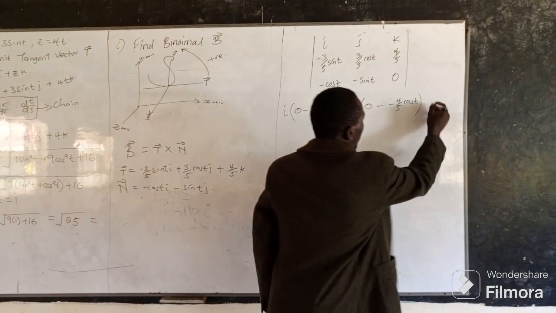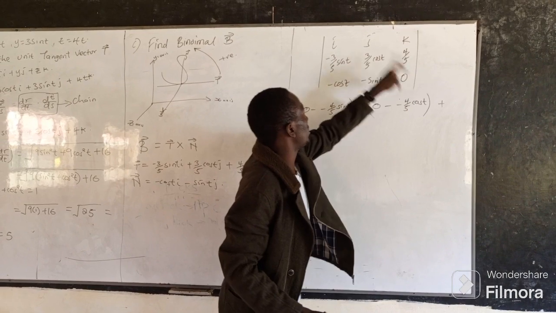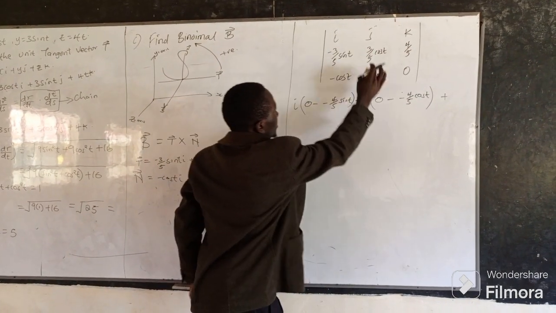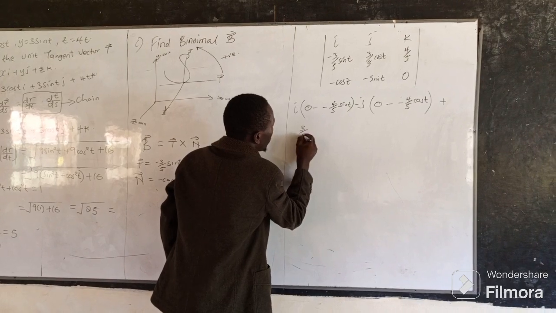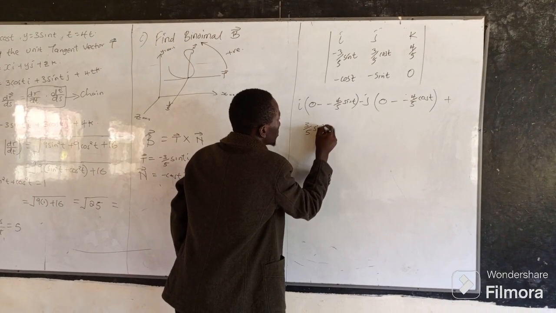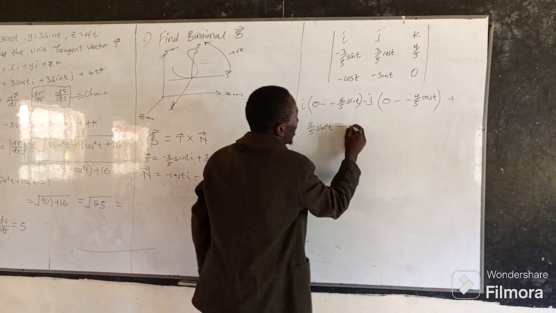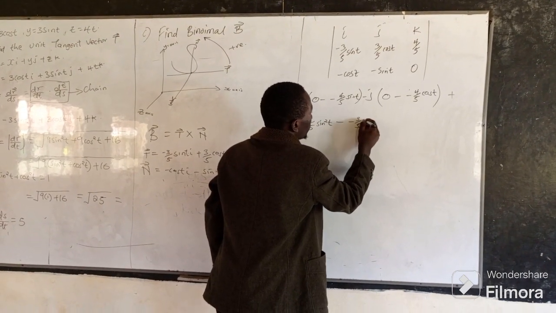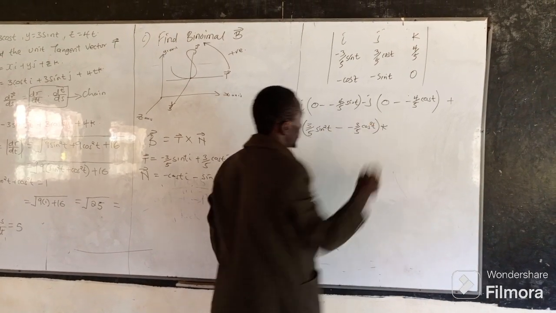That's my j. Then we add k. The value of k, I'll close this column and this row. I'll have this times this. These are negative. I'll have positive 3 over 5 sin squared t minus these and these, I'll have negative 3 over 5 cos squared t. That is my k.